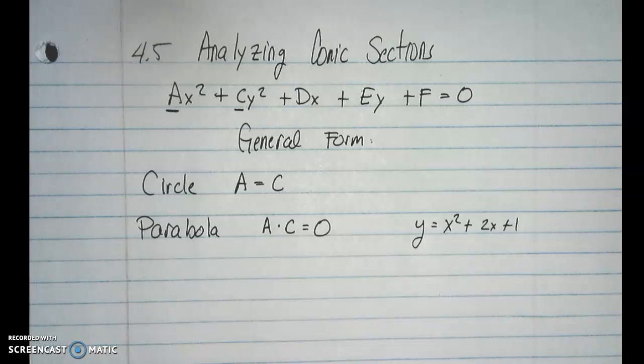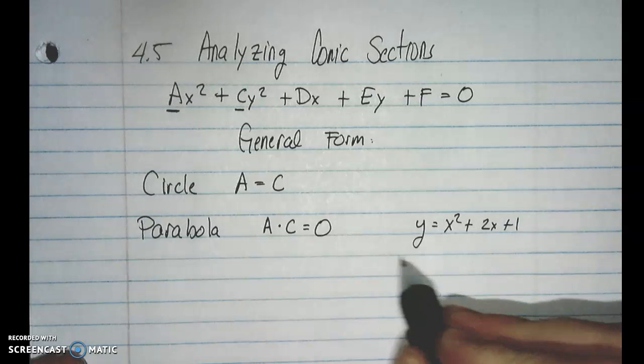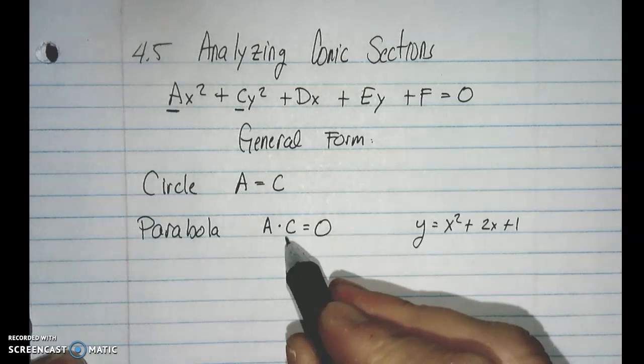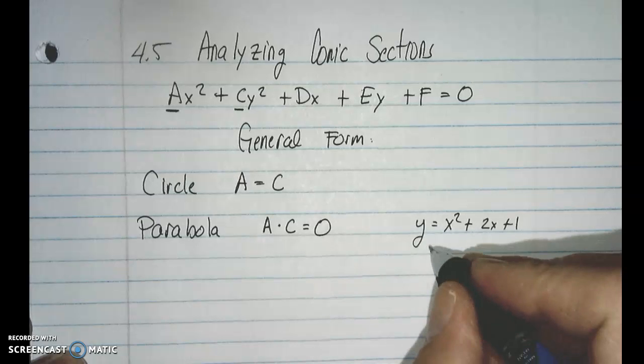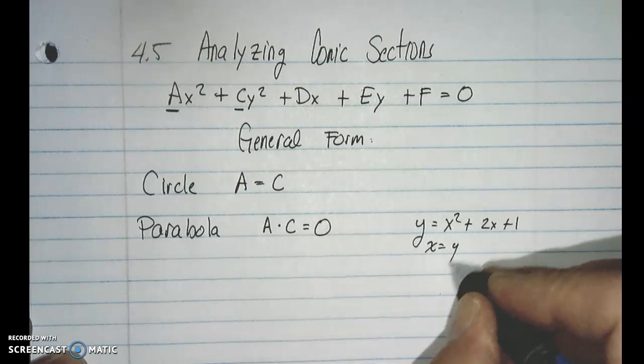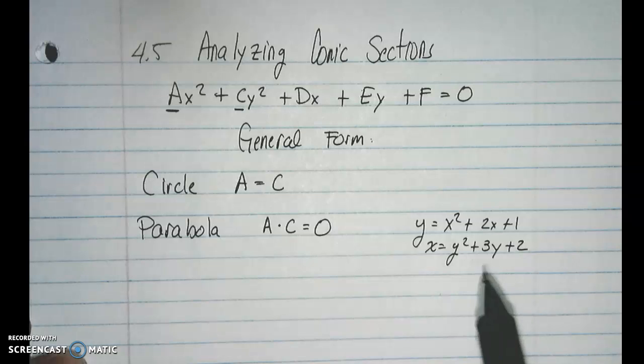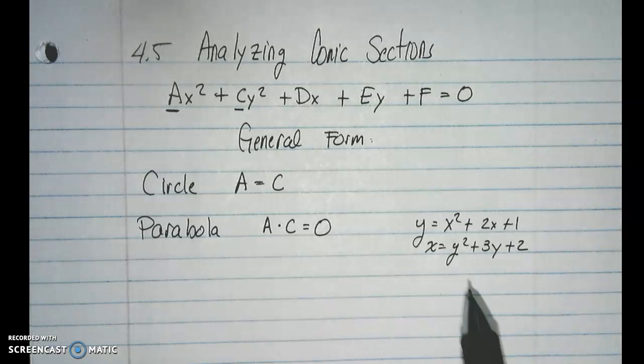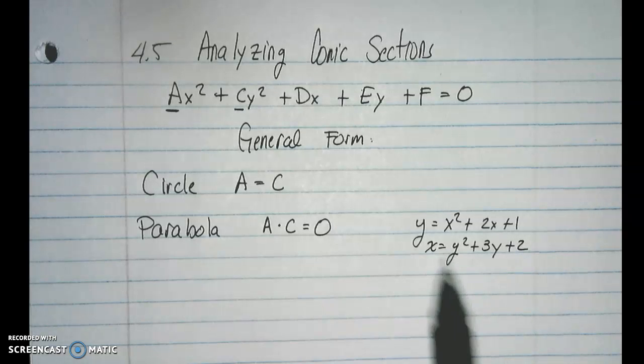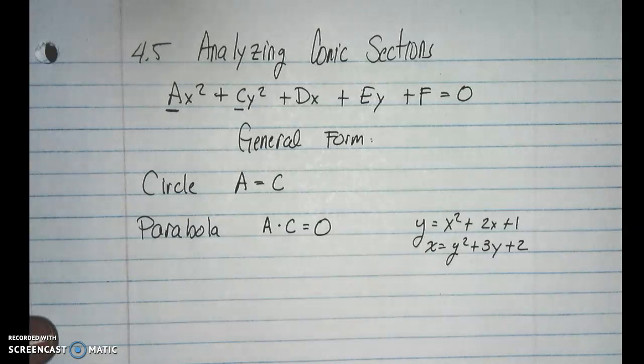That means that the C is 0, so that's why it goes to 0. And the same thing works here. If I said x is equal to y squared plus 3y plus 2, there's no A, but there's a C, which is 1. 1 times 0 is 0. That's why that works for us.